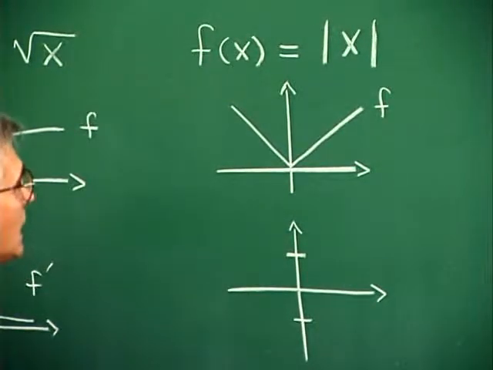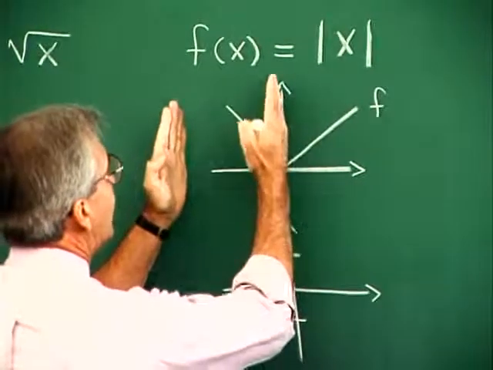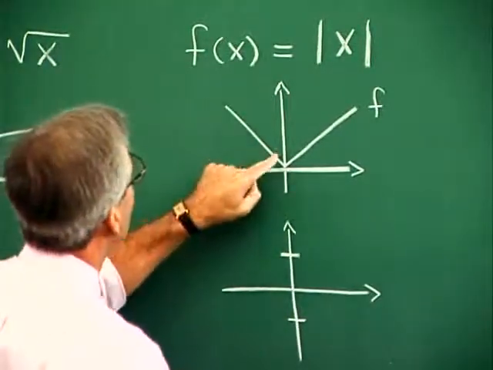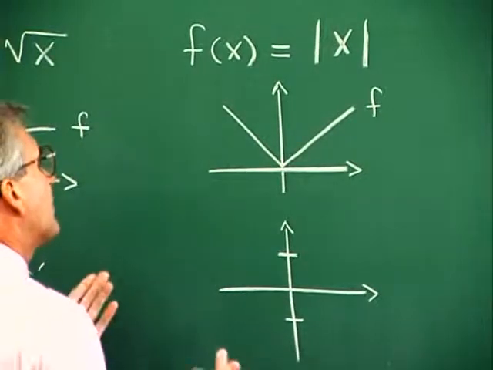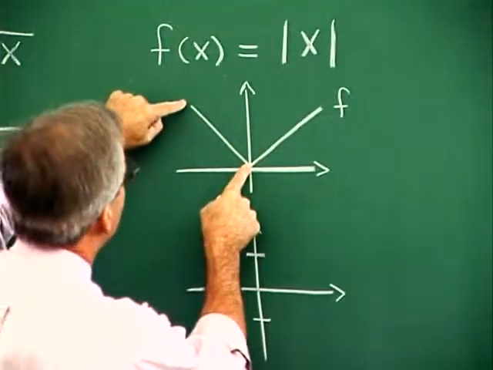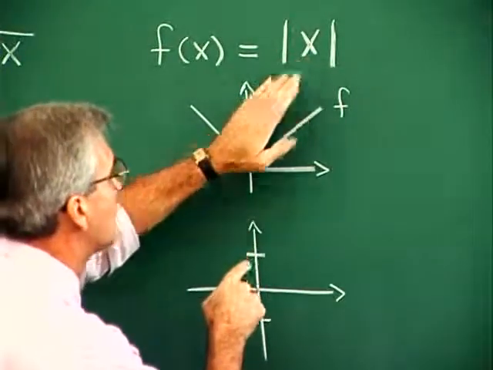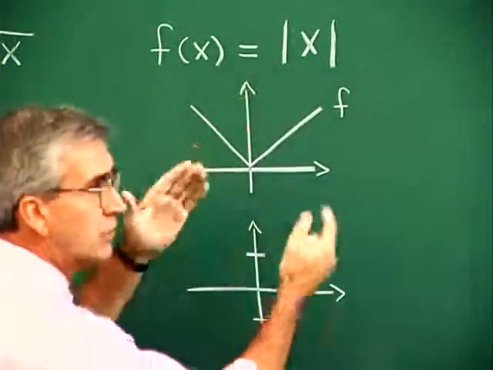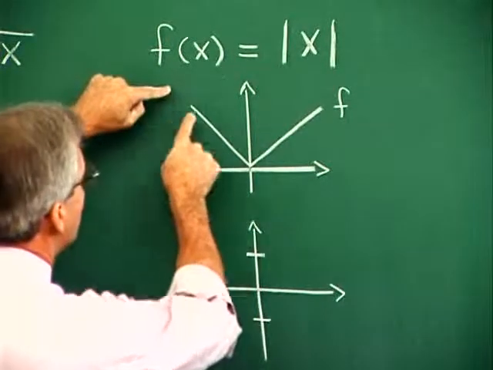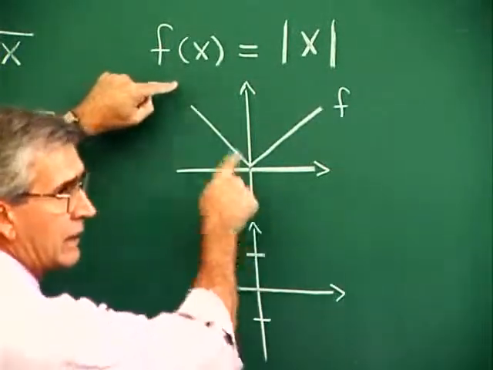Here, for f of x being the absolute value of x, here is its graph. Well, out here to the left of 0, we have a straight line. And so the slope of the tangent line is just the slope of that line. Now you know from graphing this absolute value function enough times that this is a 45-degree angle down here.